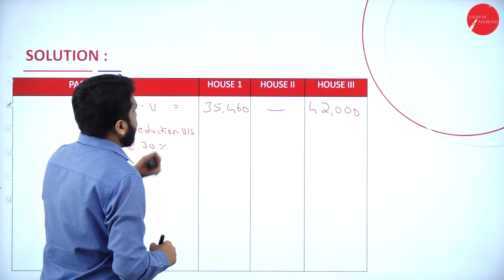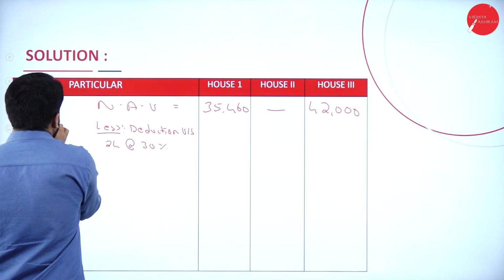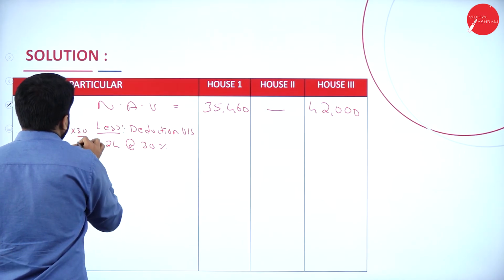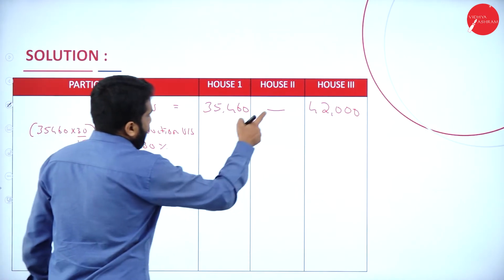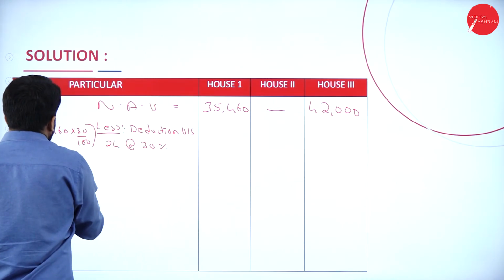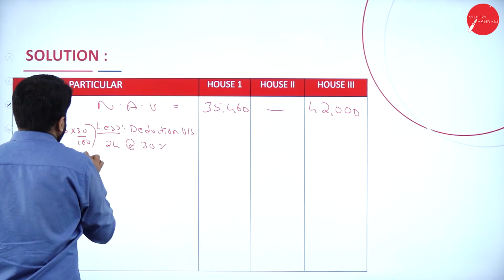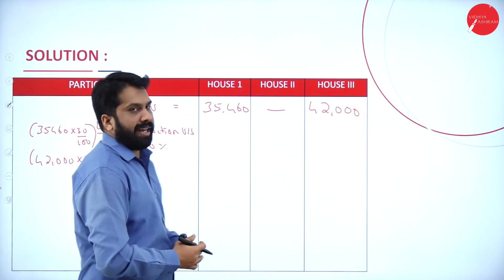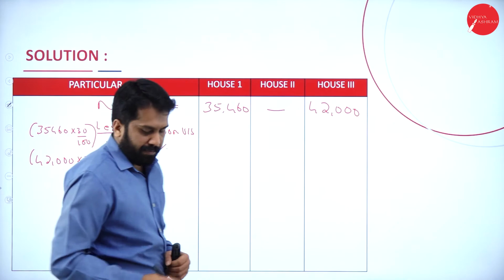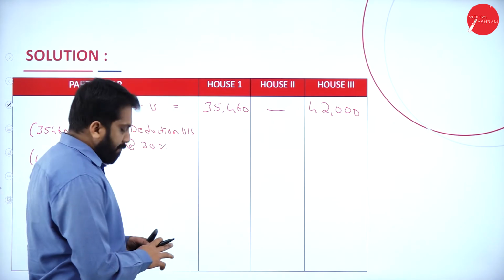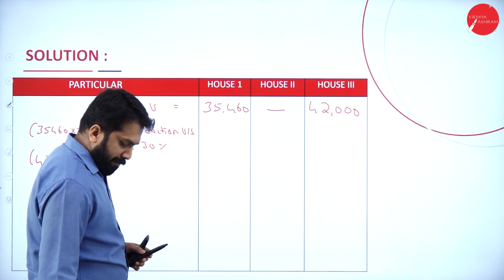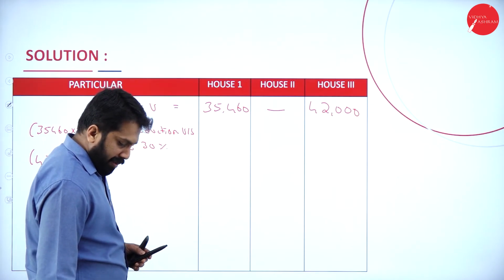Now, 35,460 into 30 by 100. What is the next? 42,000 multiplied with 30 by 100. So these are the calculations we are supposed to do. Now, 35,460 into 30 divided by 100.